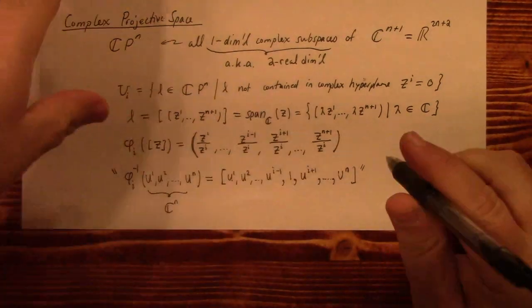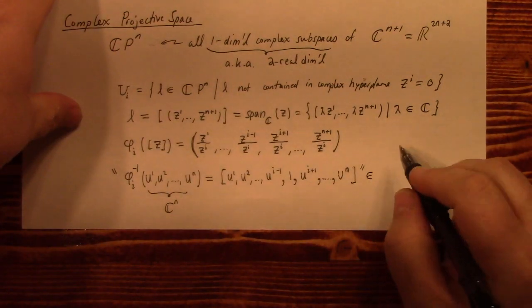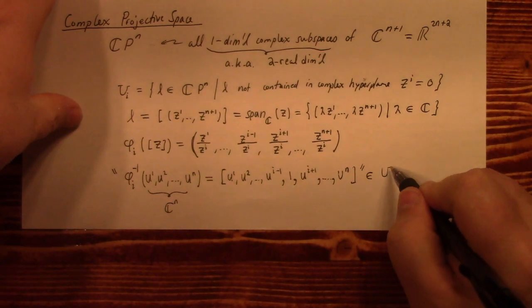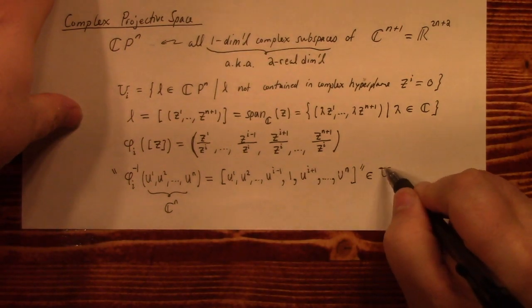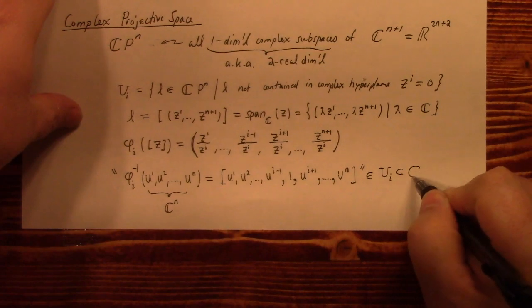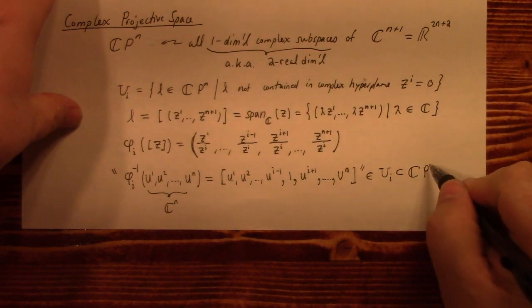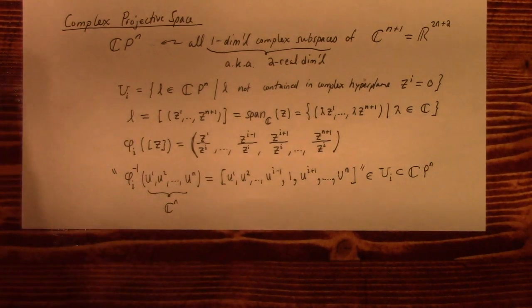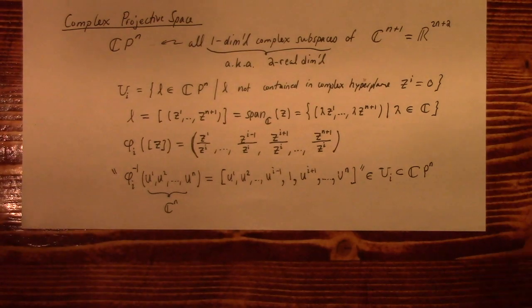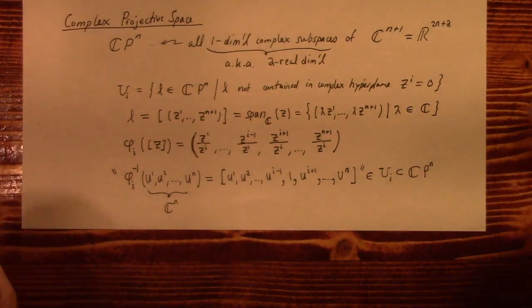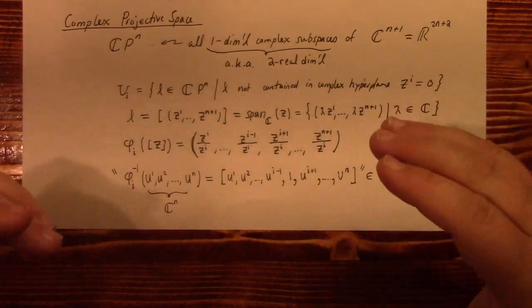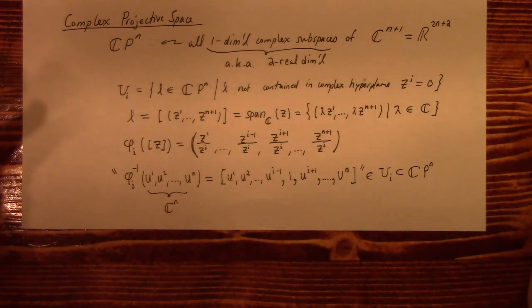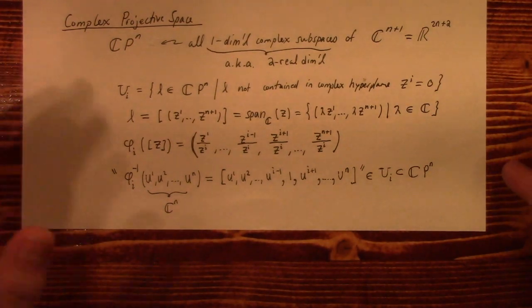I do believe that would be an element of U_i, which is what we'd like, right? Which is a subset of complex projective n space. I think everything involved here works pretty much the same as the real projective space. It's just now we're talking about a tuple of complex numbers as opposed to real numbers. But it's pretty much the same song and dance.